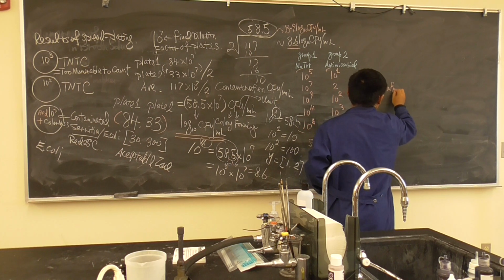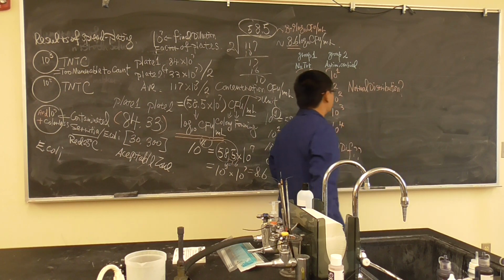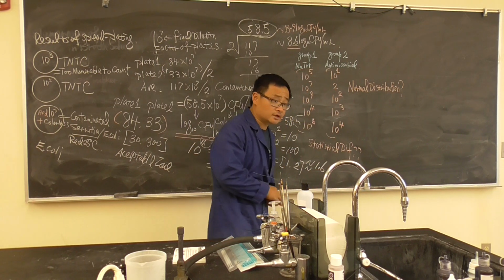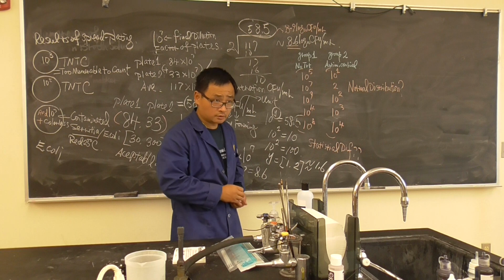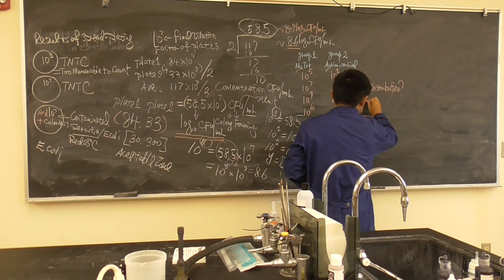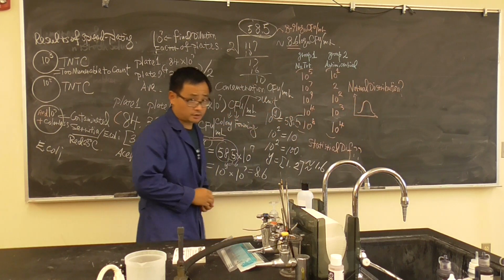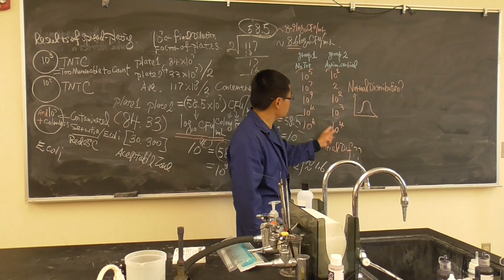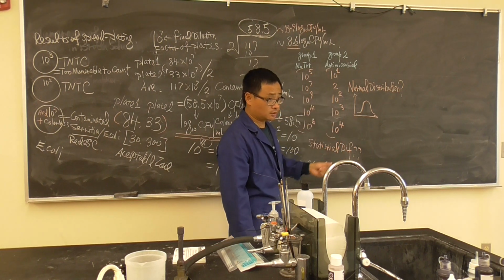We have to use testing to see whether it is normally distributed. These types of numbers are obviously not normally distributed. Normal distribution looks somehow like this. Is that right? In the middle is going to be a peak. You can't compare just these two numbers because they are not normally distributed.